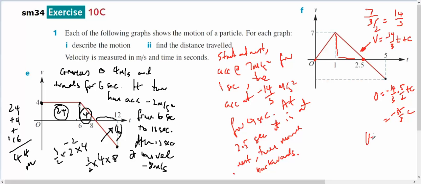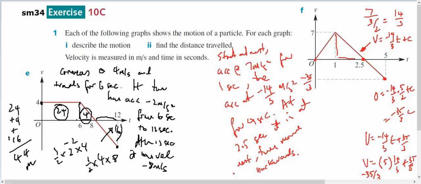So my velocity form is -14 on 3t plus 35 on 3, and when t equals 5, velocity will be -5 times 14 on 3 plus 35 on 3, which is -35 on 3. So velocity down there is -35 on 3.